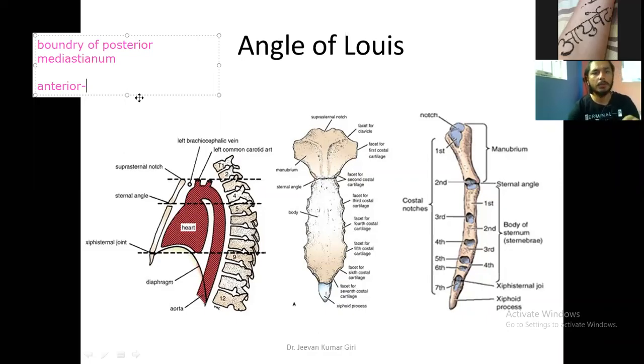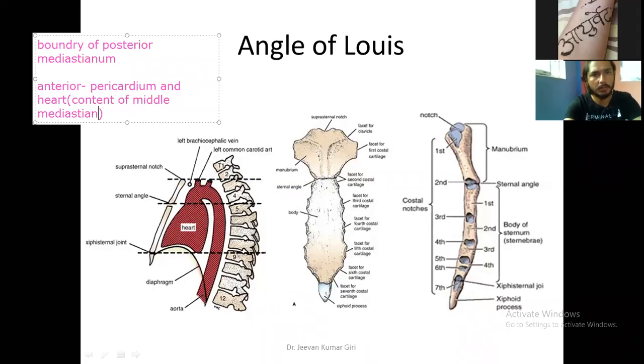So the anterior boundary is the content of the middle mediastinum, or we can directly write the pericardium and heart, or in brackets you can write middle mediastinum. And also see in the lower part there is the dome of the diaphragm.